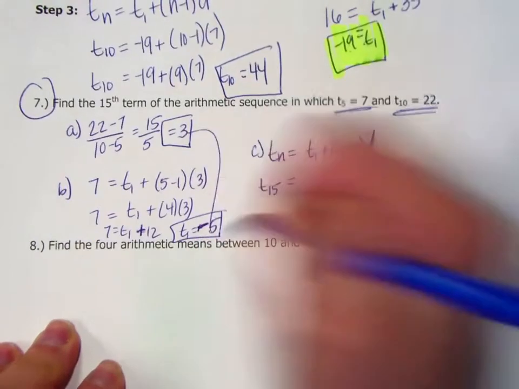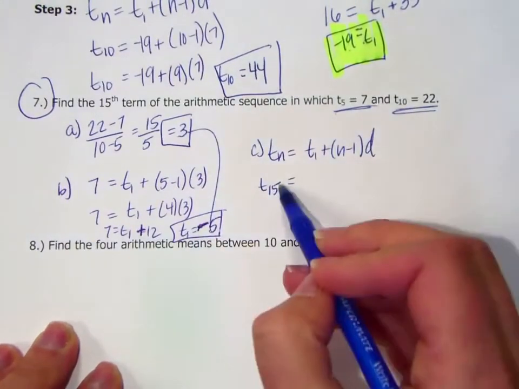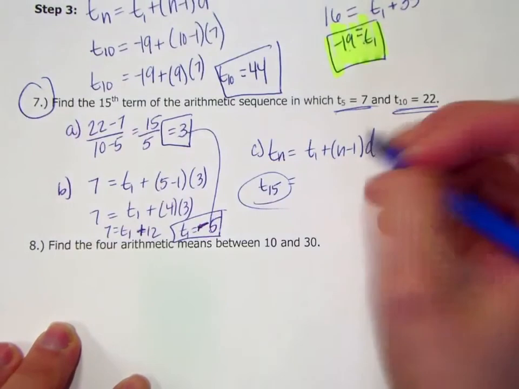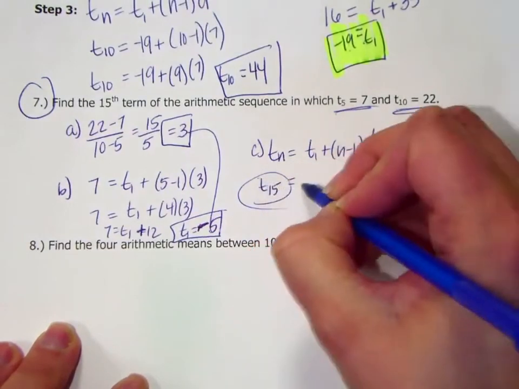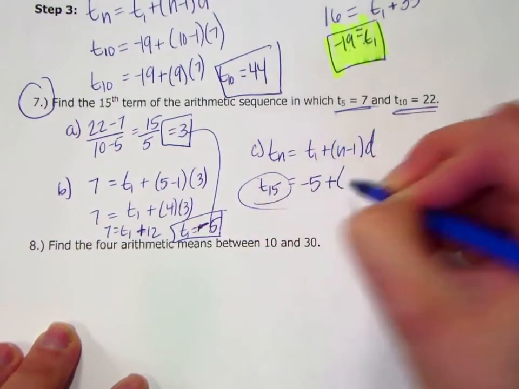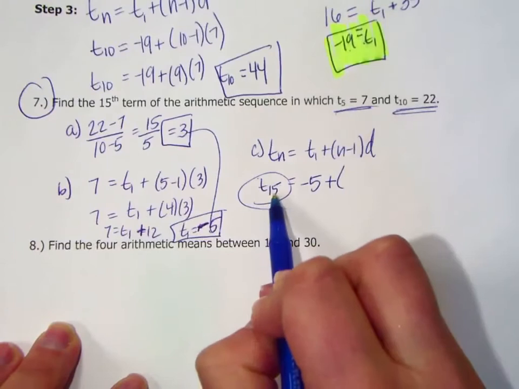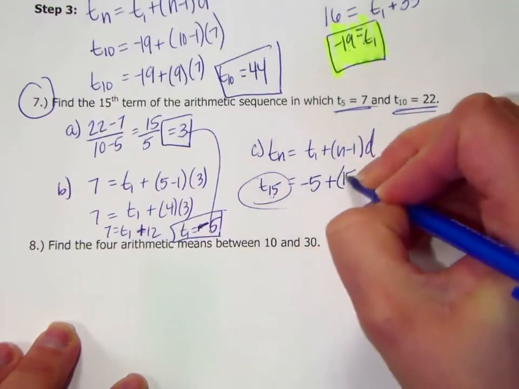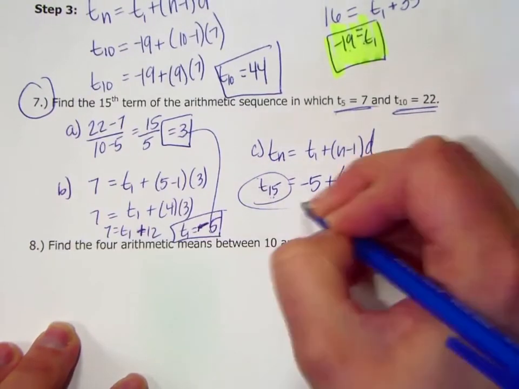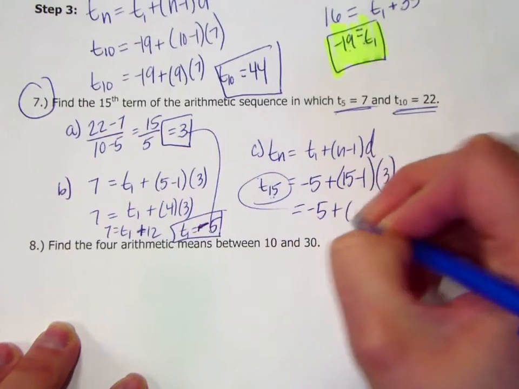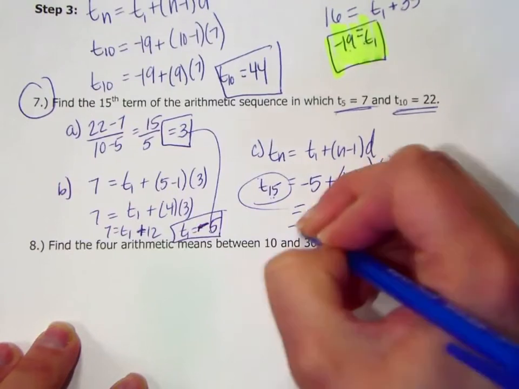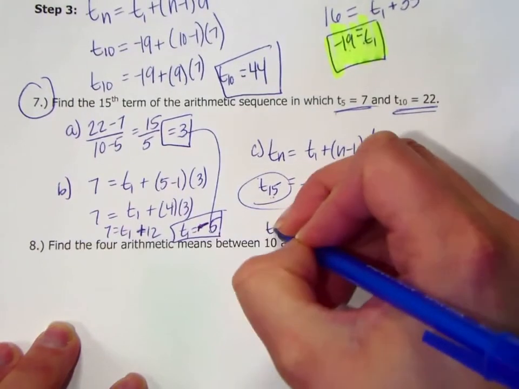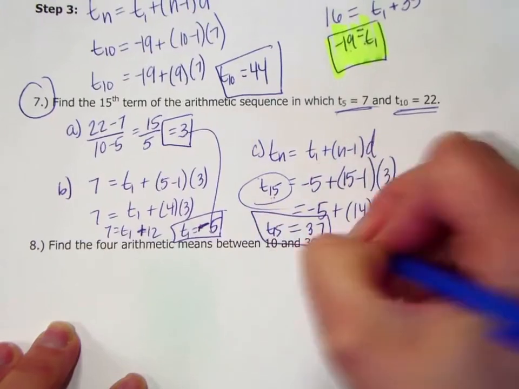Then I can take both of those and plug them back in to find finally the 15th term, which is what I'm looking for. So T sub 15 is negative 5 plus, again, the value of n is 15 minus 1 times 3, and then simplify. When all said and done, the 15th term is 37.